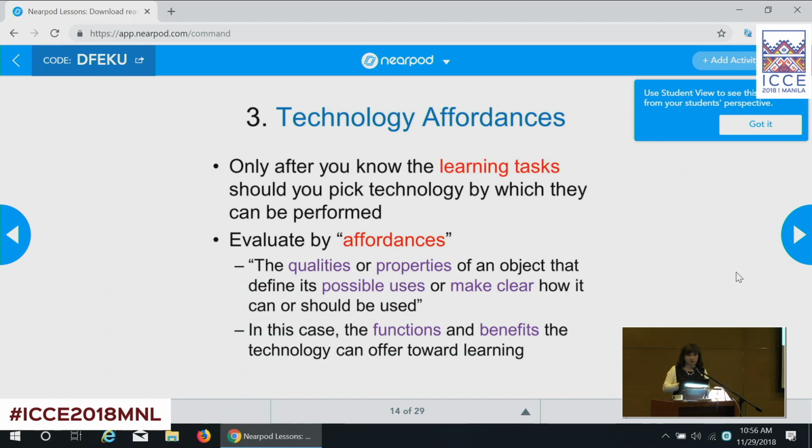But in our language field, we focus more on the affordances the technology can afford to student learning. Usually, we do not commonly compare control group versus experimental group.